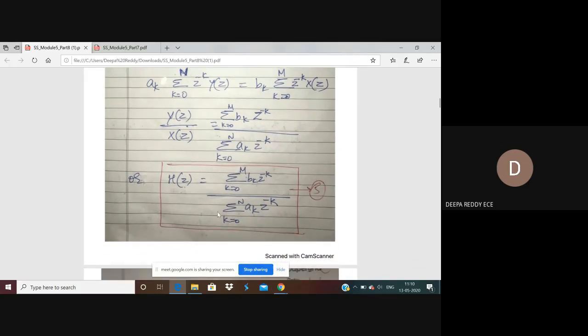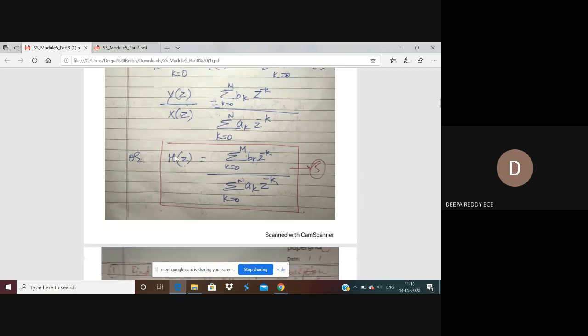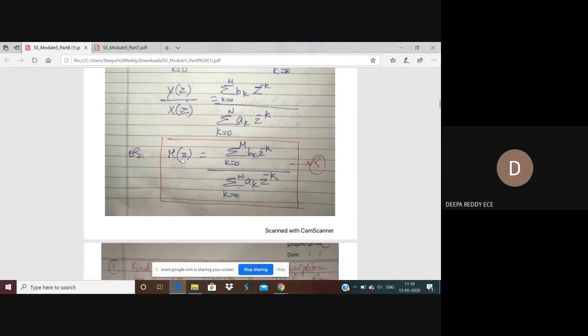So this is how we get the transfer function given the coefficients of the input and the output, along with their z transforms. So in terms of the summation expression, we can get H(z) like this. This is a very, very important relationship. Equation 5 is very important. So this is a theoretical note on the transfer function of a given LTI system.